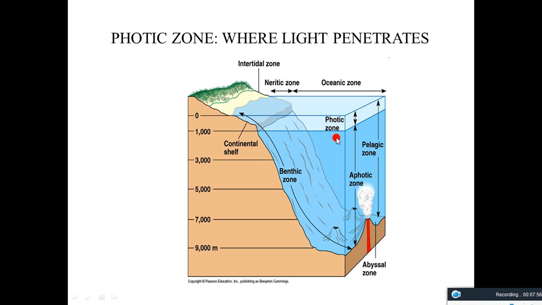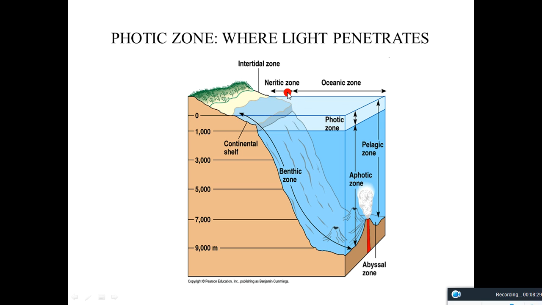It cannot penetrate to a depth much larger than 1000 meters. Till 1000 meters you can see a lot of light, but after this the darkness starts increasing and light doesn't come here. So autotrophic organisms, planktons, thrive in this photic zone. They need light to produce food, and they are the base of the food web.